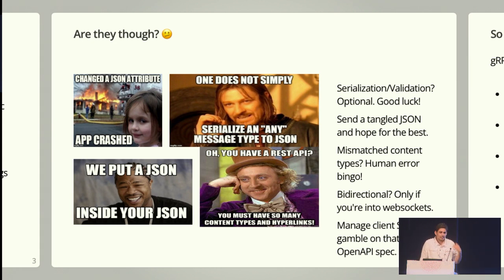Serialization and validation: if you get a JSON payload from an API, it's up to you whether you serialize and validate it or not. That might be a plus for quick time to market, but it's not great in the long run. Of course, if you are in the Pydantic and FastAPI ecosystem, that's better, but it's still up to the developer whether they validate and serialize payloads properly.